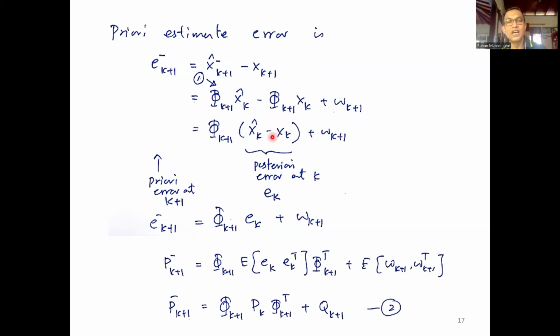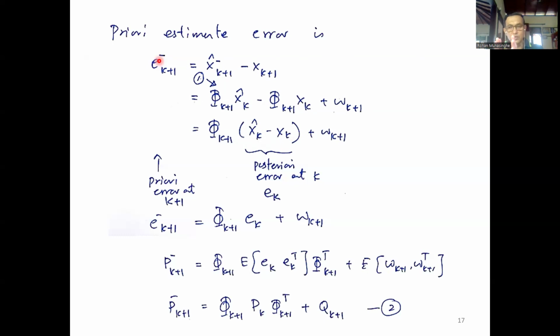Now this, x hat k minus xk, means error ek. So this is the final error in the previous time step. On the left-hand side, it is the error now, the present time, but it is not the final corrected error, but the predicted error. So every step, you have the predicted error and the corrected error.